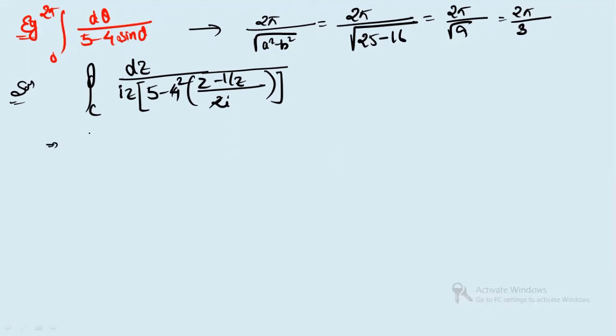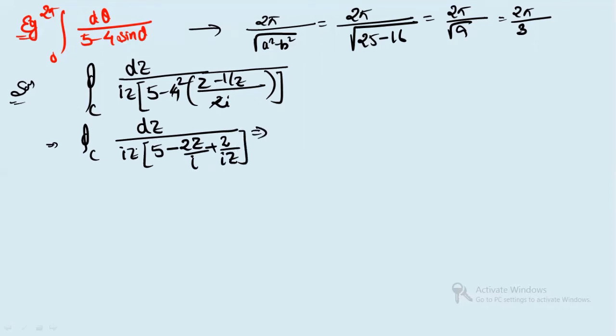Okay. So finally what you will write? Close integral dz by iz. All right. Here you will have 5 minus 2z by i plus, again, 2 by iz. All right.